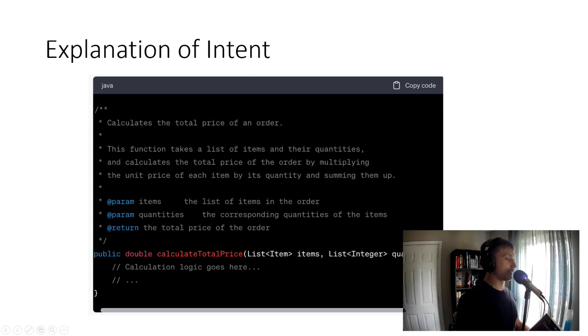The explanation of the intent of calculate total price is, well, it calculates the total price of an order. This function takes in a list of items and their quantities, multiplies them together. You have these param annotations. You have a return annotation. And this could be a use case for comments.